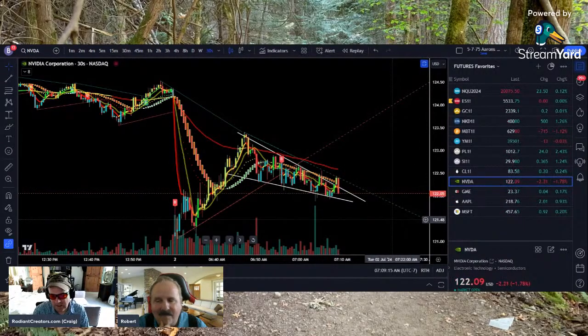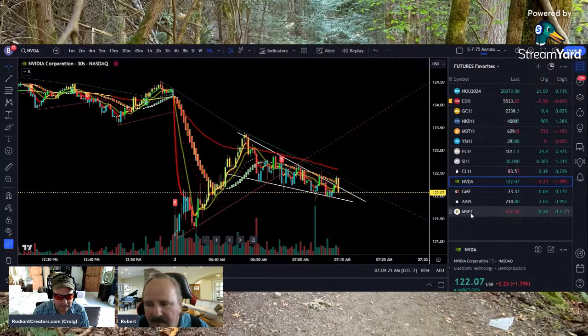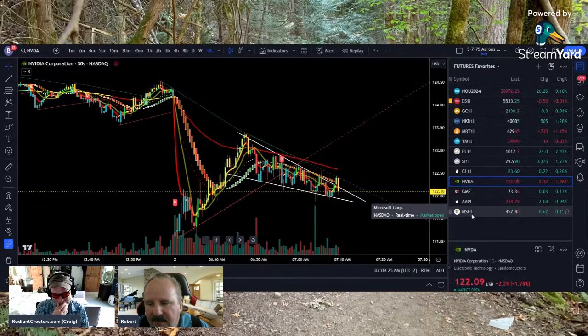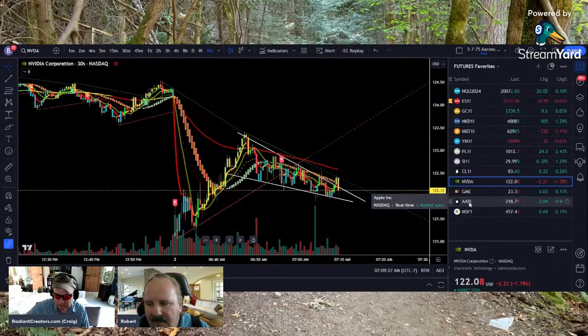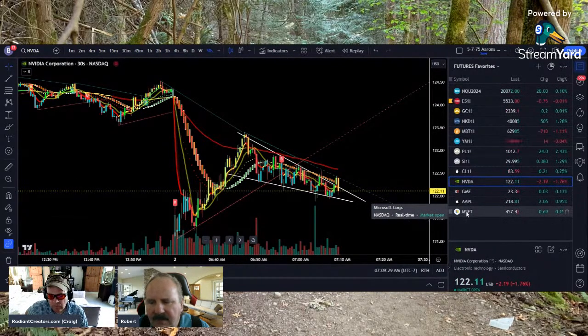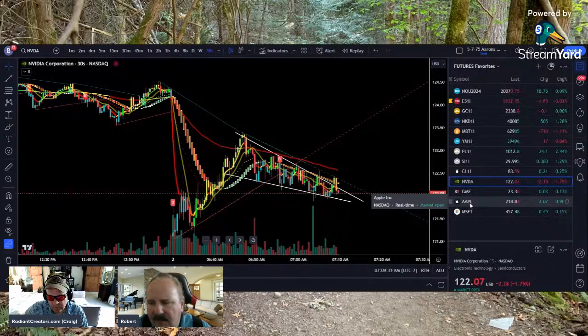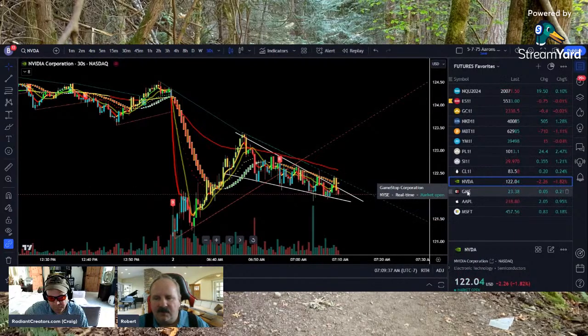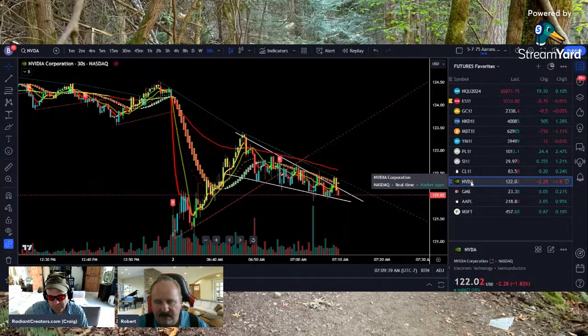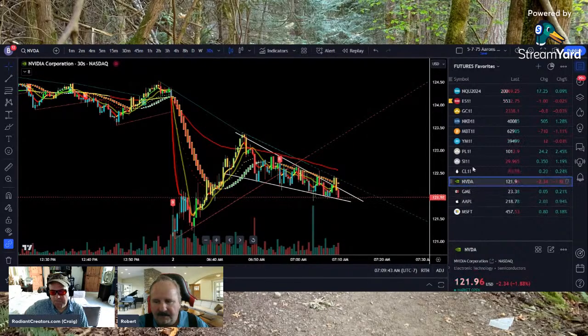Nvidia is the biggest player on the NASDAQ, the biggest influencer. Microsoft should be number 2, Apple maybe number 3. But these are big influencers, so whatever these are doing as a conglomerate, and especially Nvidia, it's probably going to be what the NASDAQ is doing.